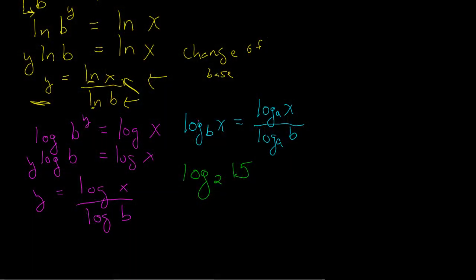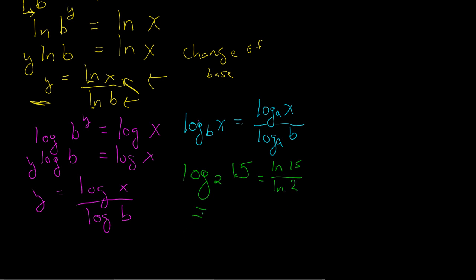So if I want to do a log base 2, I've got to change into one of the two keys I have. So I use this formula I figured out, because we're clever eagles and we used our change of base rule. So log base 2 of 15 is the same as the natural log of 15 divided by the natural log of 2.